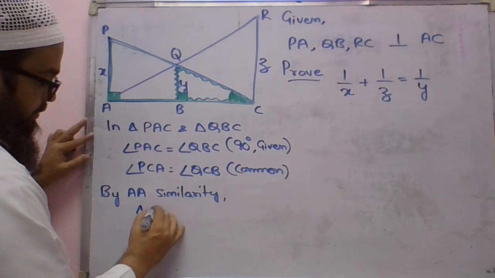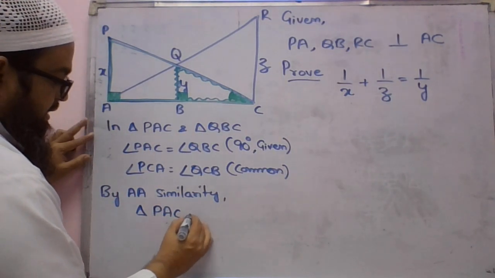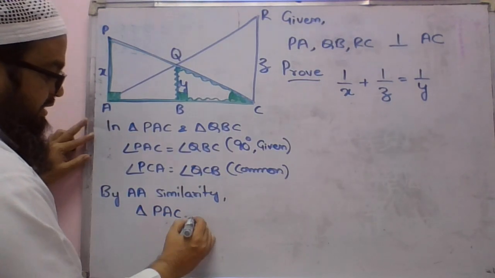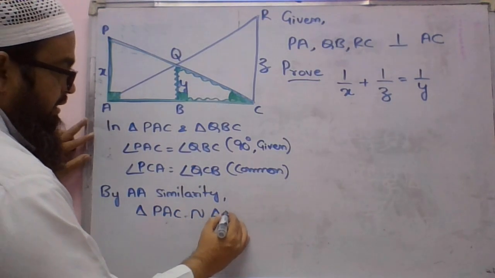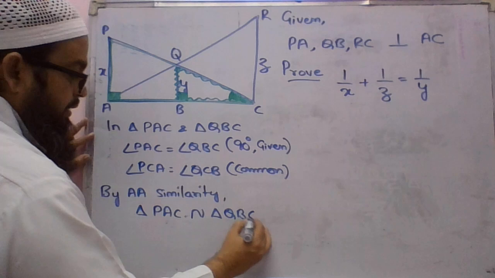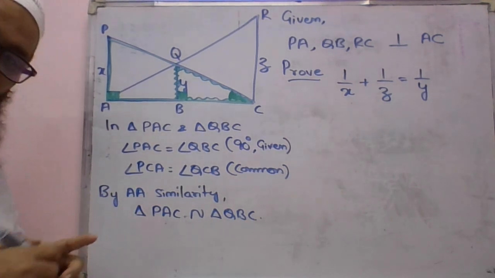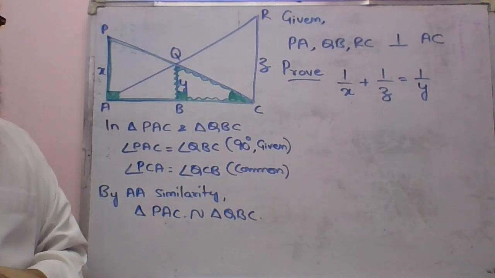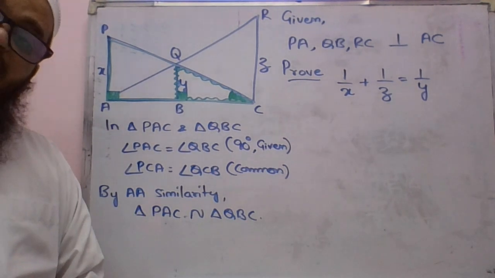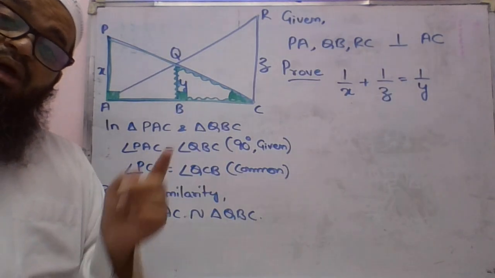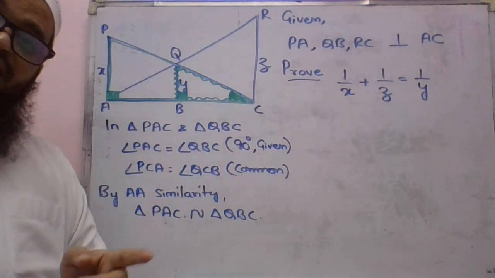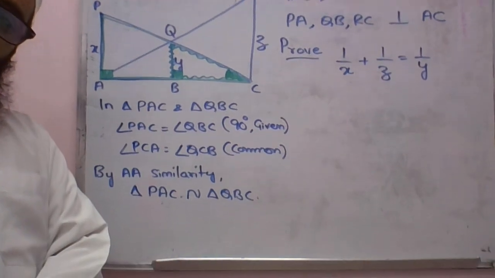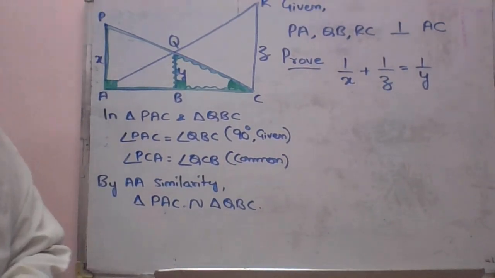By AA similarity, triangle PAC is similar to triangle QBC. And when two triangles are similar, all the corresponding angles are equal. And what is the next thing? All the corresponding sides are in proportion.